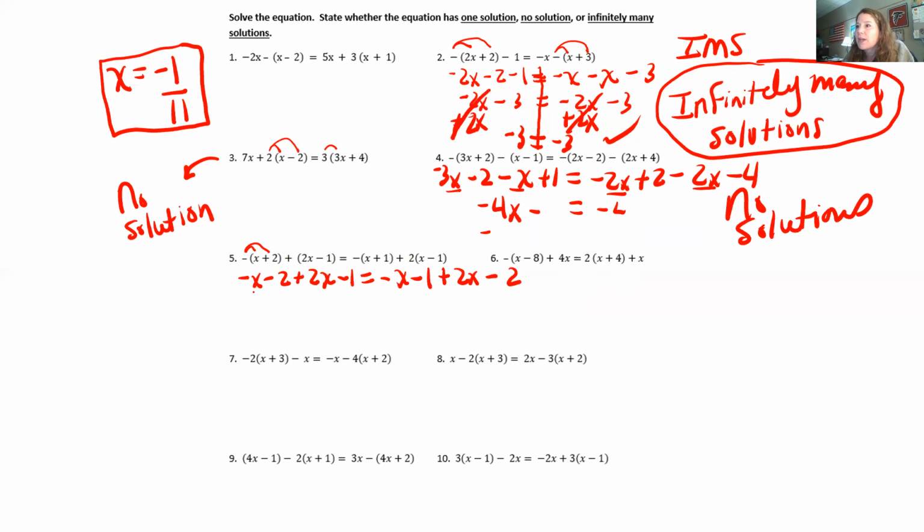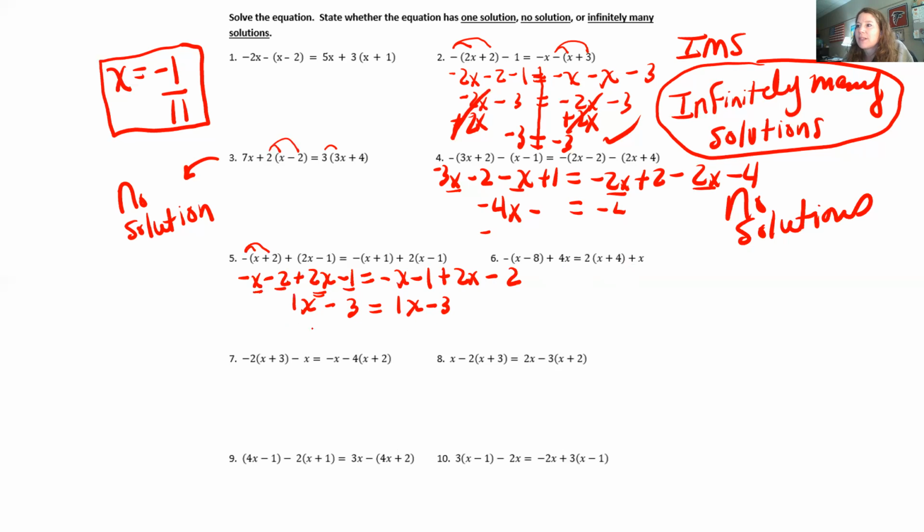Combine like terms, we have -x plus 2x is +1x. -2 combined with -1 is -3. -x combined with 2x is +1x. -1 combined with -2 is -3. So what do you notice? They equal exactly each other.